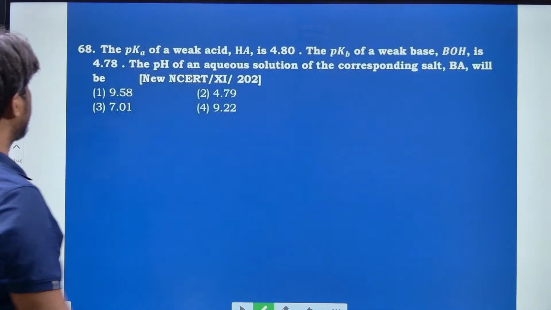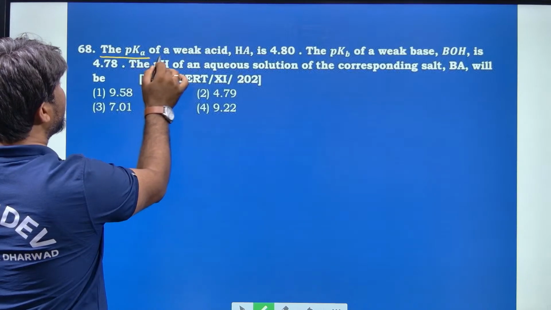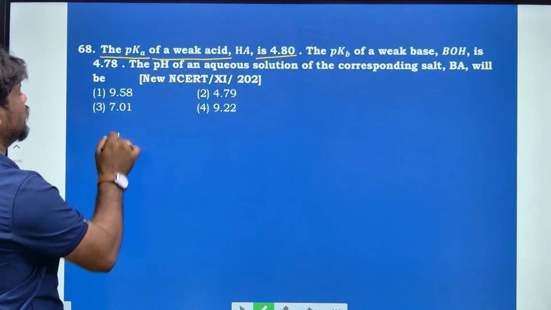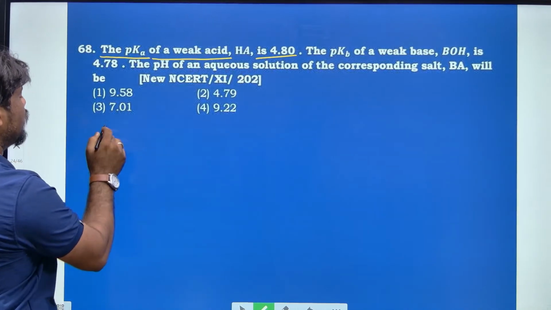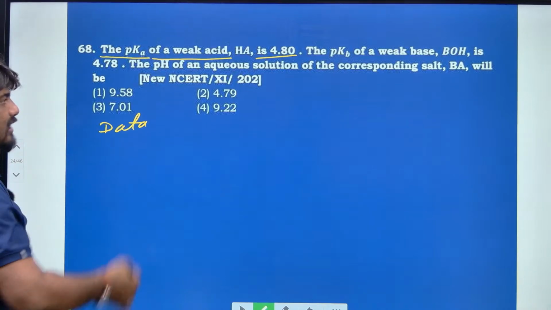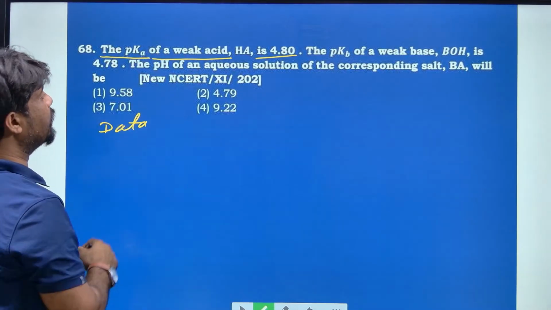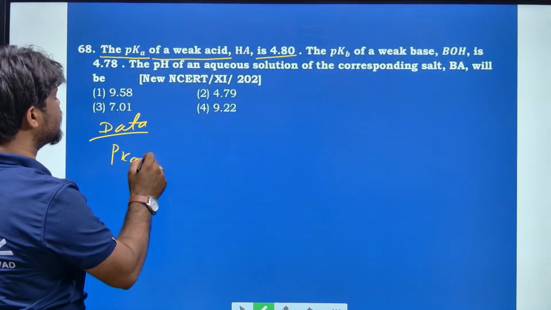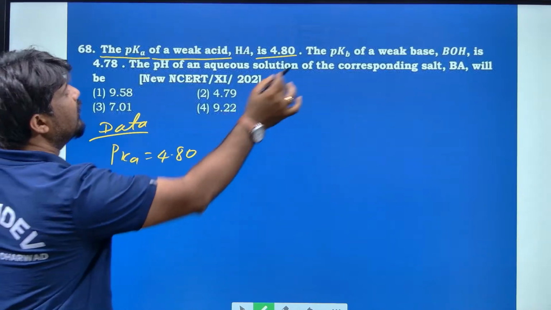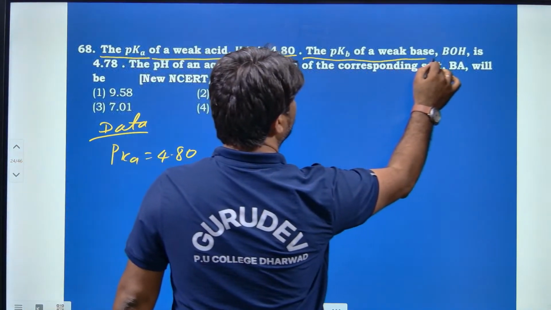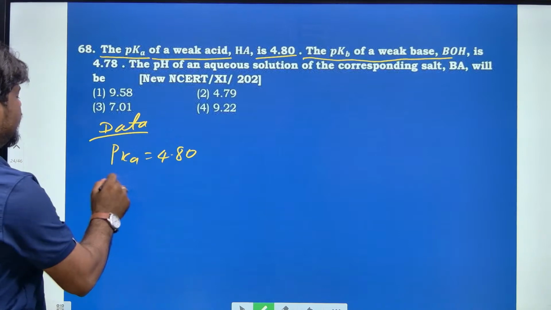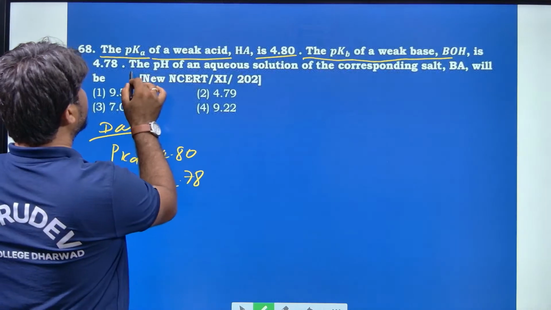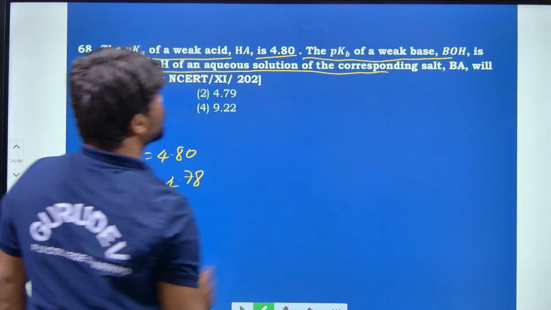Well, dear all, go to the next problem then. The pKa of weak acid HA is 4.80. They have given the pKa value. I am going to write the data here. If you write the data like this, it is very easy to solve the problem. The pKb of weak base BOH is 4.78, and they are asking the pH of an aqueous solution of the salt.